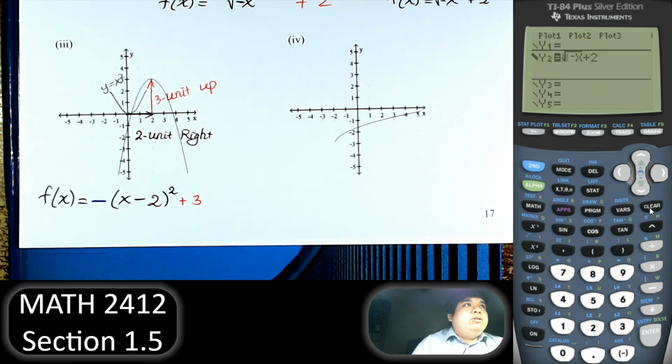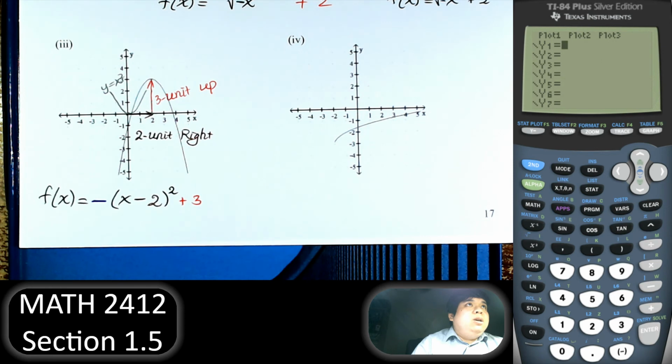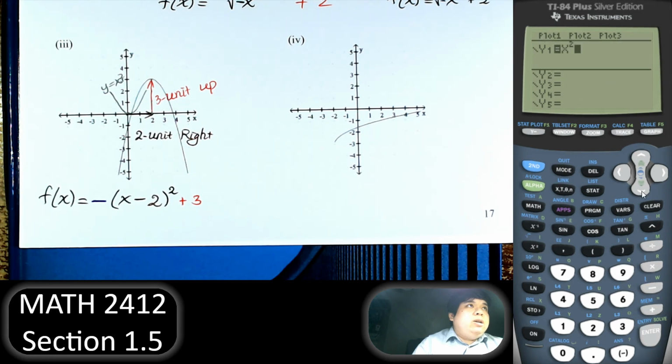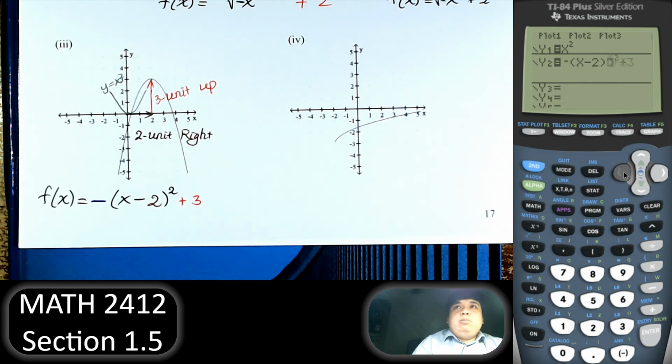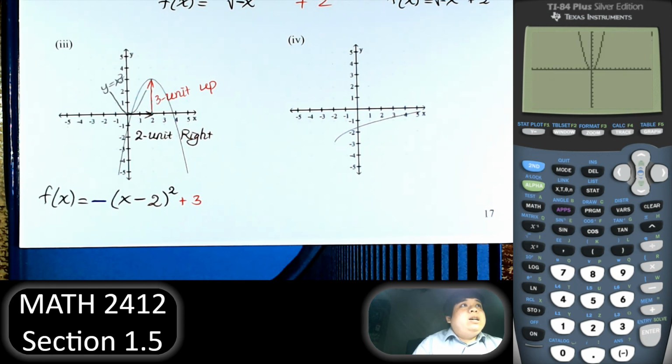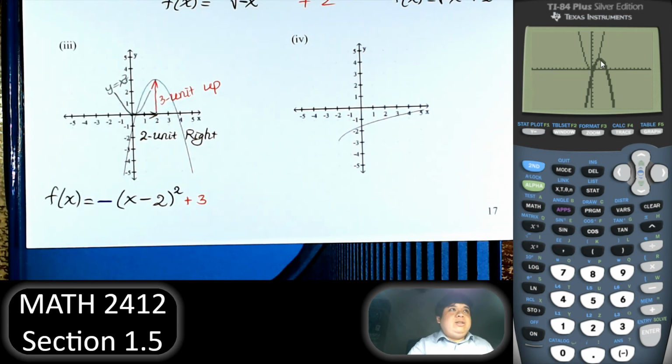It's not correct though. Start with x squared, and then we have negative (x minus 2) squared plus 3. Yeah, let's change that to a double line. Right, x squared. Yeah, so that looks right.